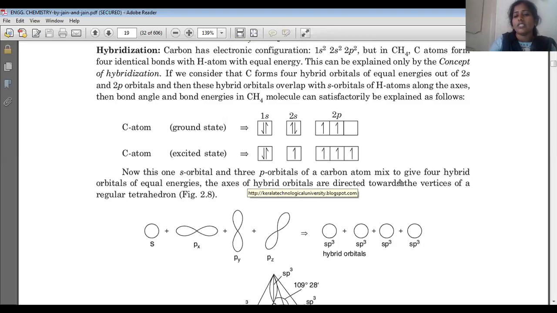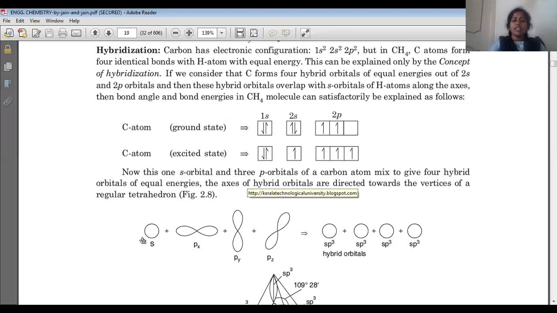The mixing of these 4 orbitals gives 4 hybrid orbitals, all with equal energy. The 2s and 2p energies may be slightly different, but the hybrid orbitals generated after mixing all have equal energy, and the shape of the orbitals is exactly the same.